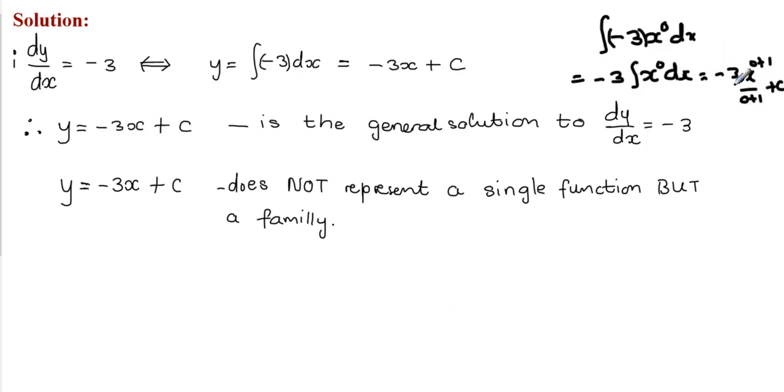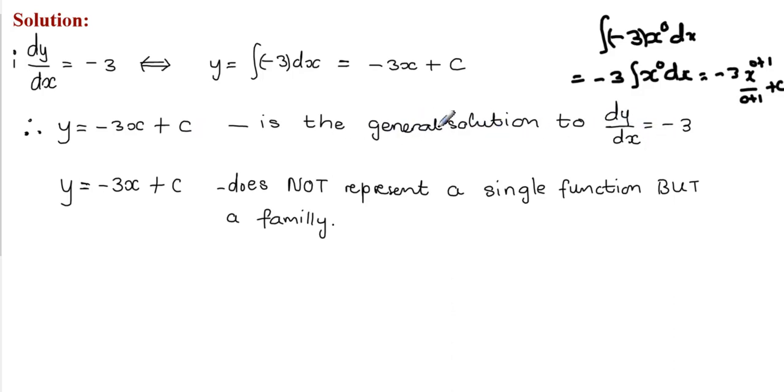Exactly what we're getting here, minus 3x divided by 1 plus c, is the answer which you get there as an integral. But in this context, we're looking at y equals minus 3x plus c as a solution to this differential equation.